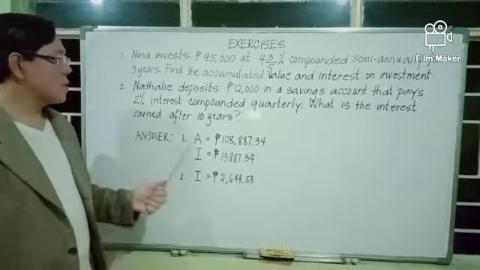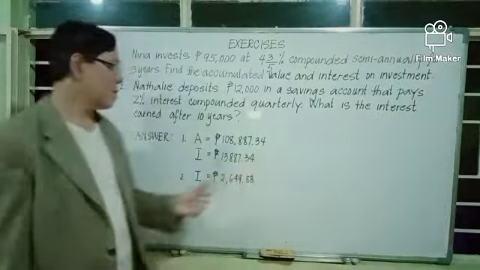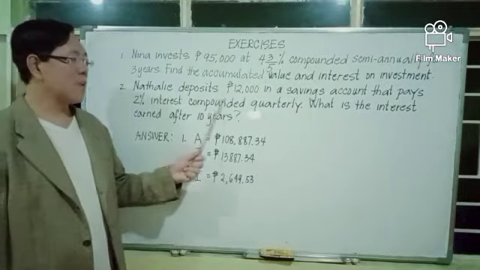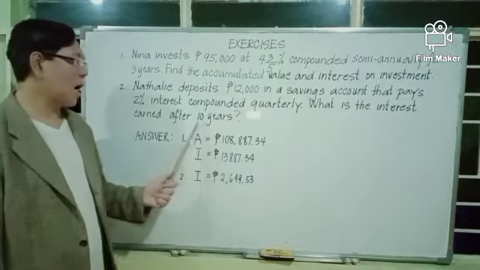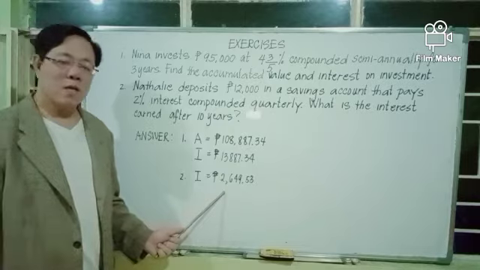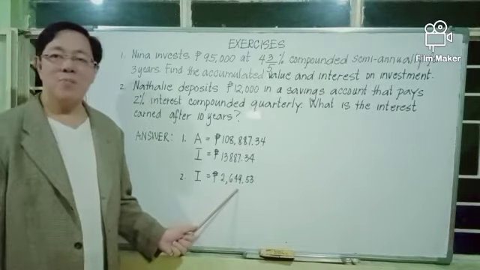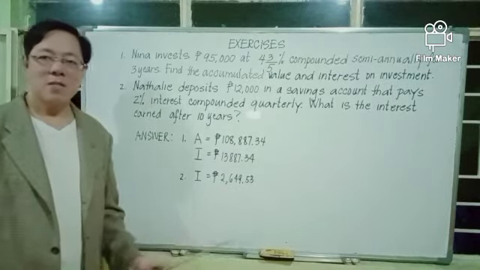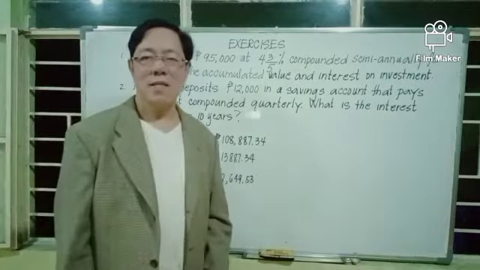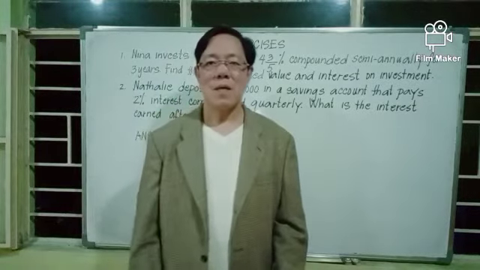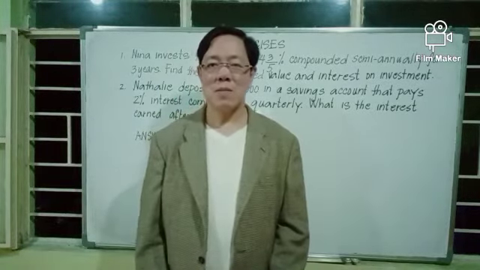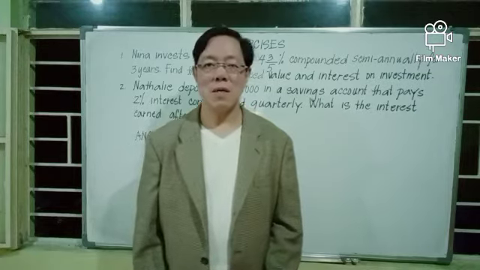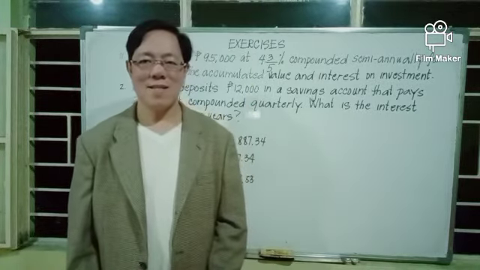For number 2, the interest earned by the deposit of 12,000 pesos after 10 years is 2,649.53 pesos. In the next lesson, we will solve problems where the unknown is the compound interest rate.